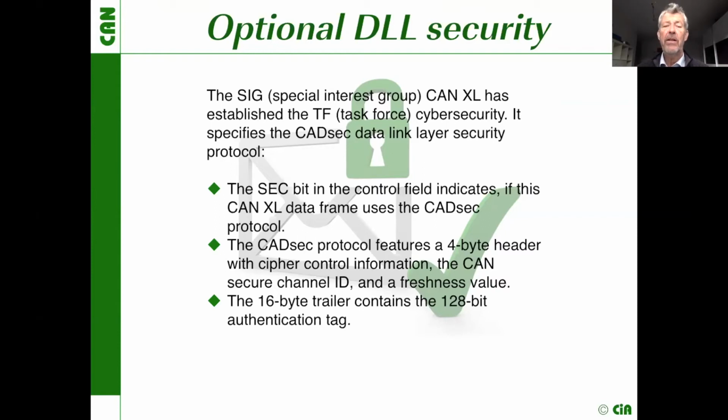And the SecBit in the LLC field indicates that you are using this protocol or you are not using this protocol. And we think that the CANSEC protocol will feature a 4-byte header with a cipher control information, the secure channel ID, and a freshness value. And there will be also a 16-byte trailer containing the 128-bit authentication tag.